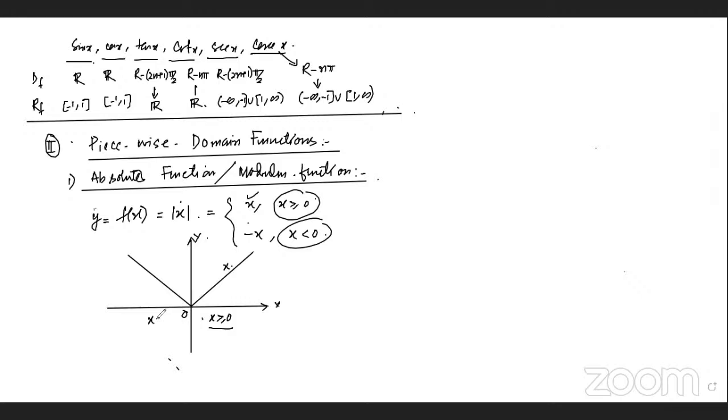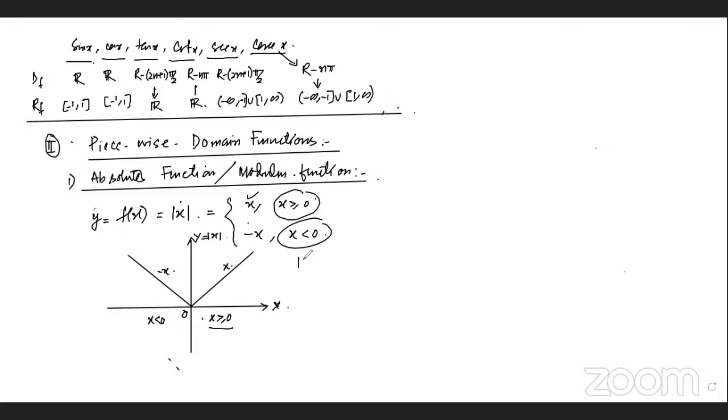For x negative, y is equal to minus x. Okay, is this clear? So this is the graph of y is equal to mod of x. You can see that there is no value of y lying below the x-axis. That means the entire curve is confined in the first two quadrants, first and second, where y is positive. So y is always positive.